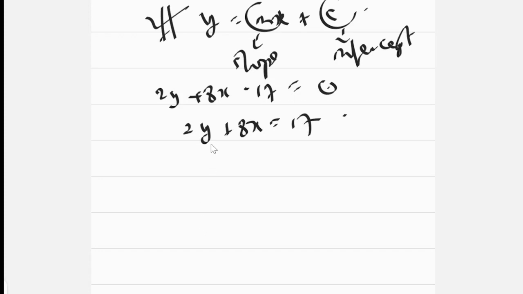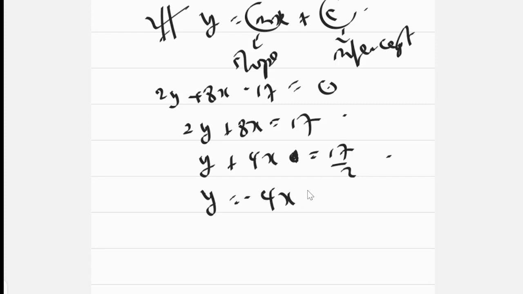Now, if I make y the subject of the formula, I divide through by 2, so y plus 4x is equal to 17 over 2. So y will now be negative 4x plus 17 over 2.